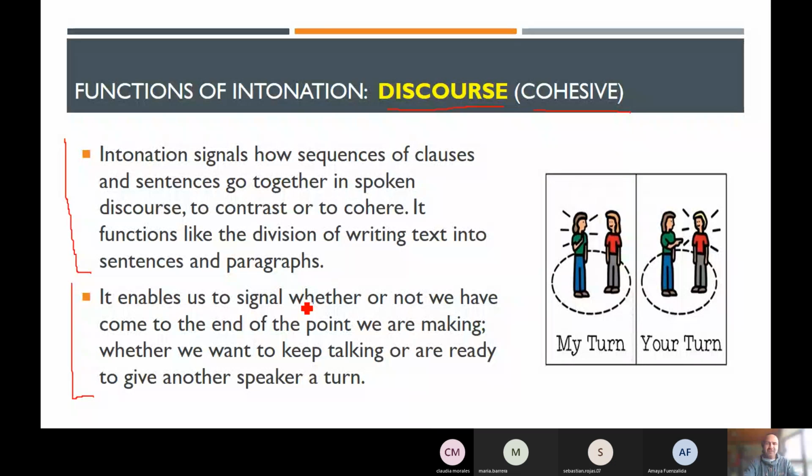maintain using a rise in intonation. If the person is using a rise in intonation, there's or is actually involving the other speaker to say something.